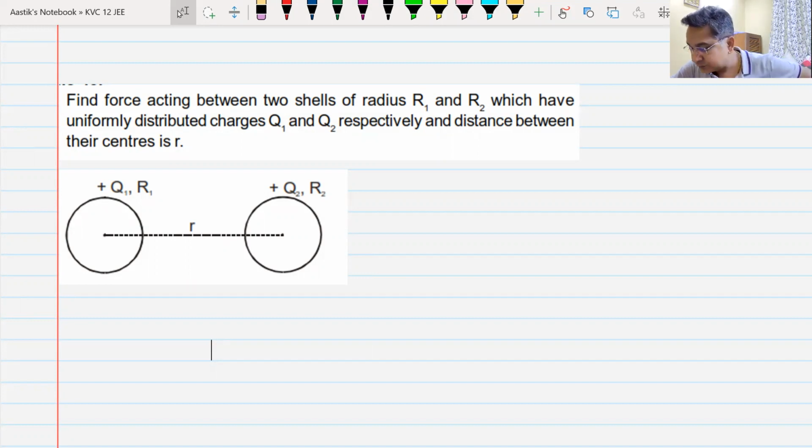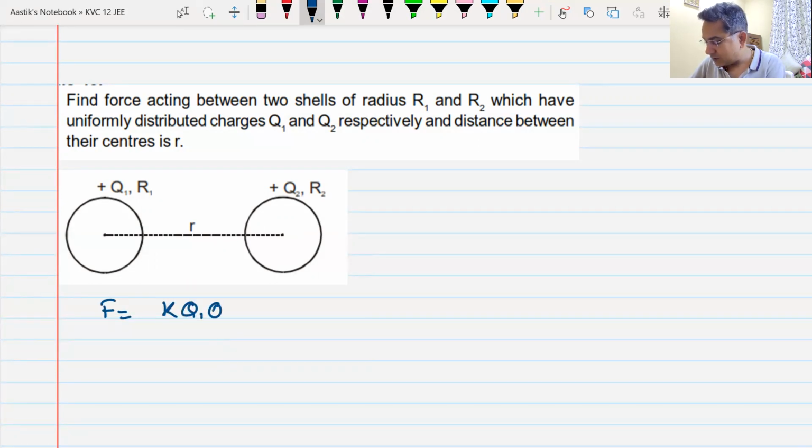The force between these two shells will be K Q1 Q2 by r square, not Q1 plus Q2. Do we understand this? Sir. Pakka? Okay. Everyone understand this? Yes or no?